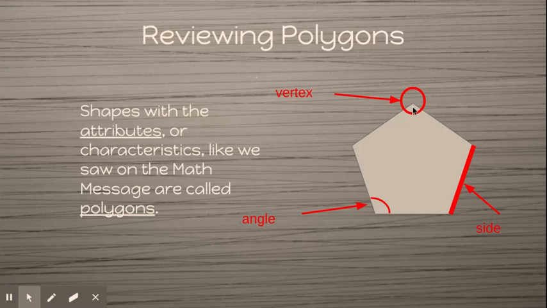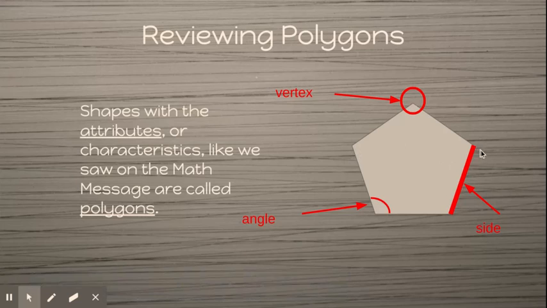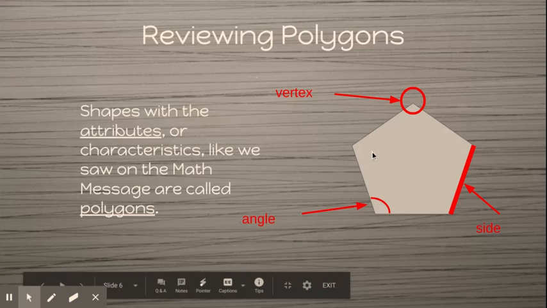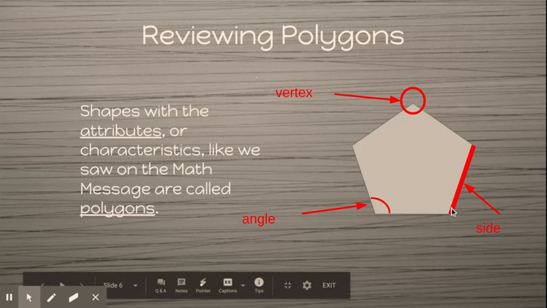So this shape has 1, 2, 3, 4, 5 vertices. And it also has 1, 2, 3, 4, 5 sides. And where the two sides meet, they form this angle. So this space between the side and the other side is called an angle. So it has 1, 2, 3, 4, and 5 angles.